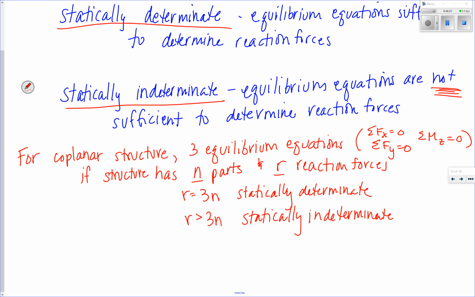So R equals 3n, I only have enough reaction forces that I have applicable equilibrium equations. I can solve it using only those equilibrium equations. But if I have more reactions than I have equilibrium equations, I'm going to need some more information. I can't determine it using only static equilibrium. I'm going to have to figure something else out.